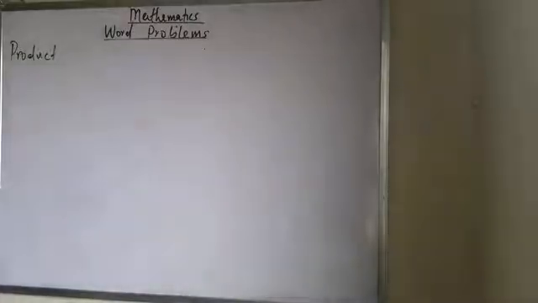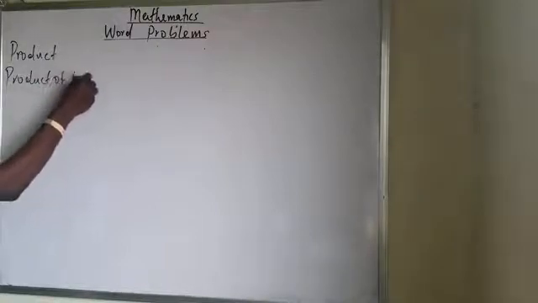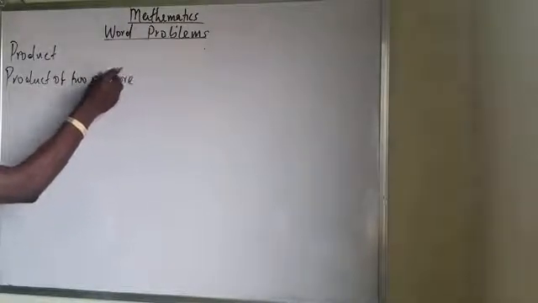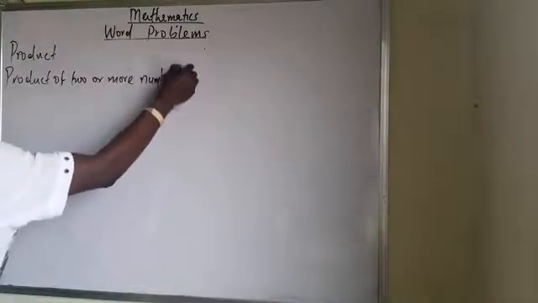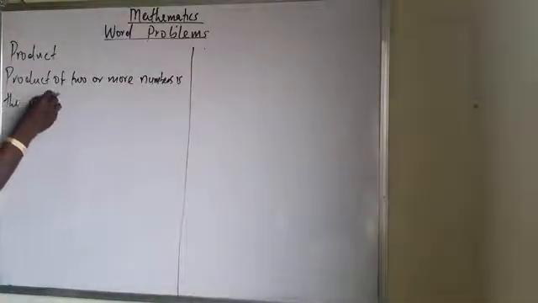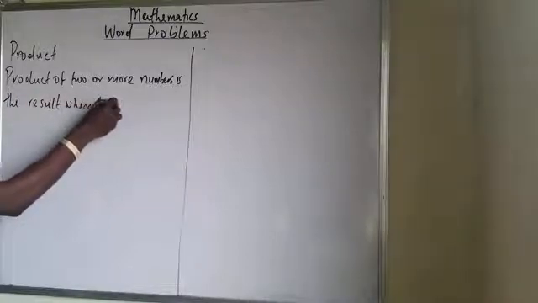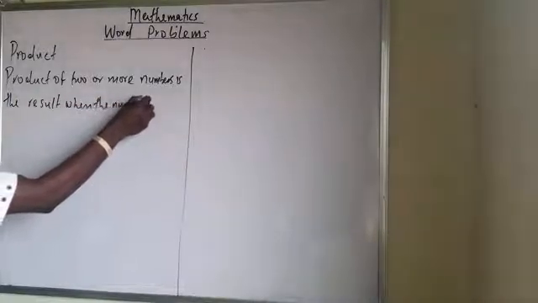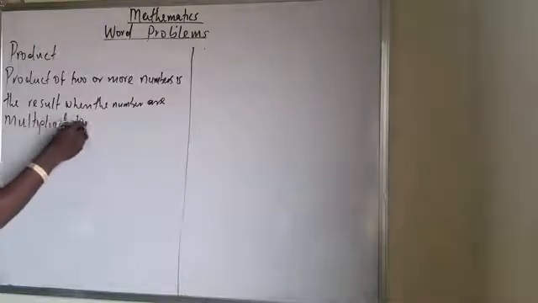The product of two or more numbers is the result when the numbers are multiplied together.